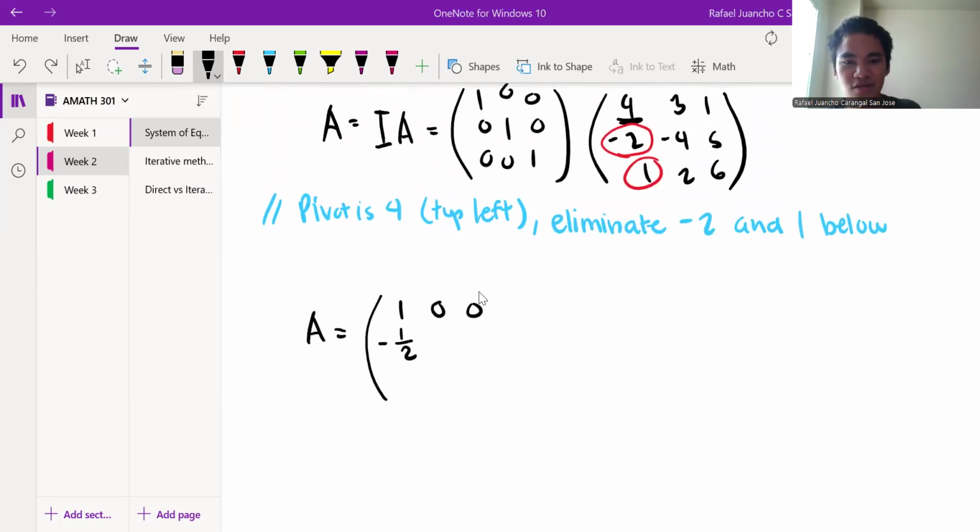And so here what we did was we add 1/2 times row 1 to row 2, right? So here we divided everything by 2, and then we put all of that to row 2. Or wait, no. Did we do that? Yeah, times row 1, we put to row 2. Oh, that's interesting.